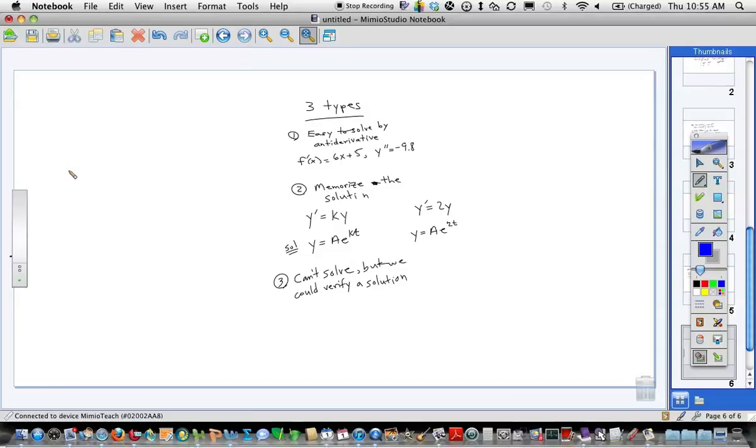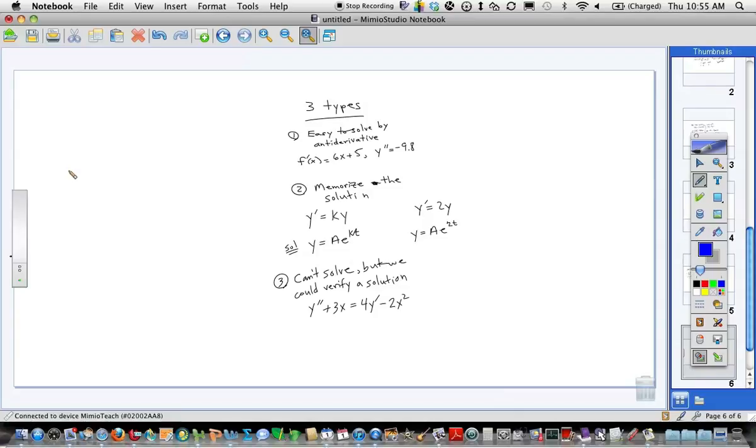Okay, so if I give you a differential equation that looks like this, y double prime plus 3x equals 4y prime minus 2x squared. That's a differential equation. It's an equation that's got derivatives in it. But we have no way in the world of knowing how to solve that.